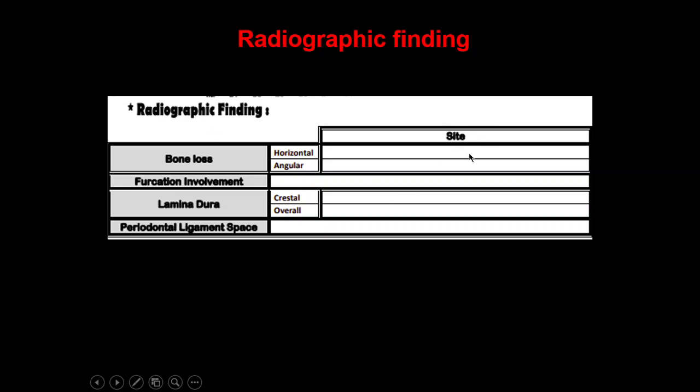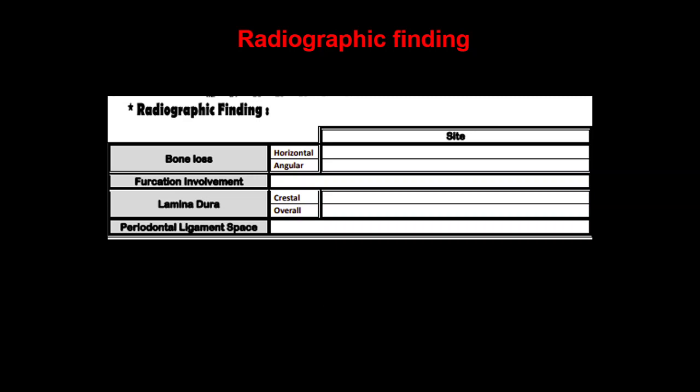And write its site. The horizontal bone loss, how do you know it is horizontal or angular? At the radiograph, we will detect the CEJ of the tooth and the CEJ of the neighboring tooth, and we will draw a line between them.